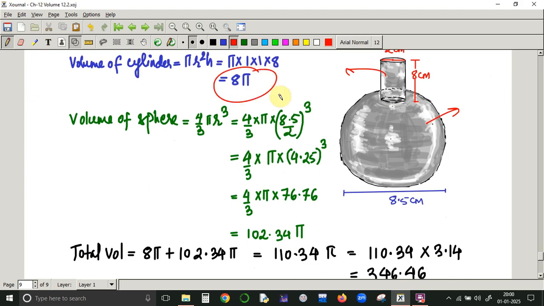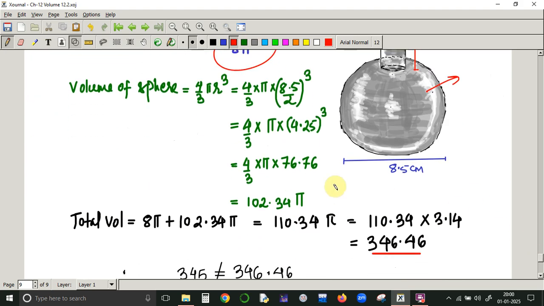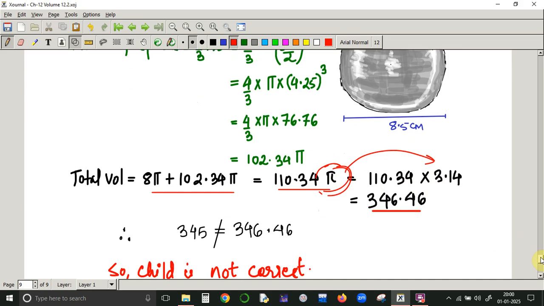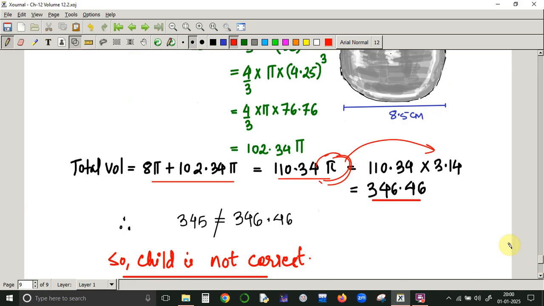So 8 pi is the volume of cylindrical neck. This much is the volume of spherical part. Add them, put the value of pi, and multiply it. So the answer is 346.46.